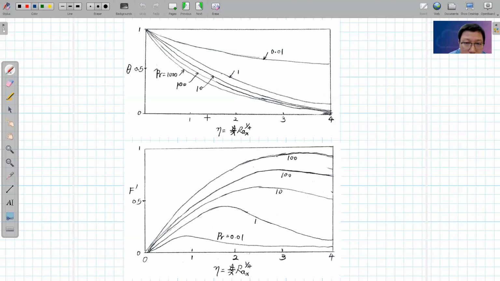If you want the detailed result for your eta value and a Prandtl number, you can go to that chart to find what the theta value, f prime, theta prime, f prime prime, and f prime prime prime will be. So you can use those charts to directly obtain the solution.